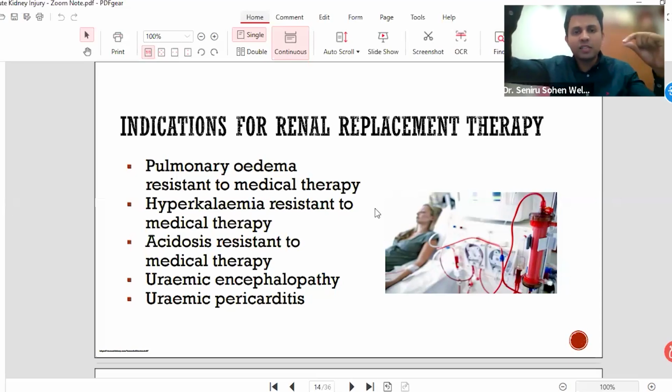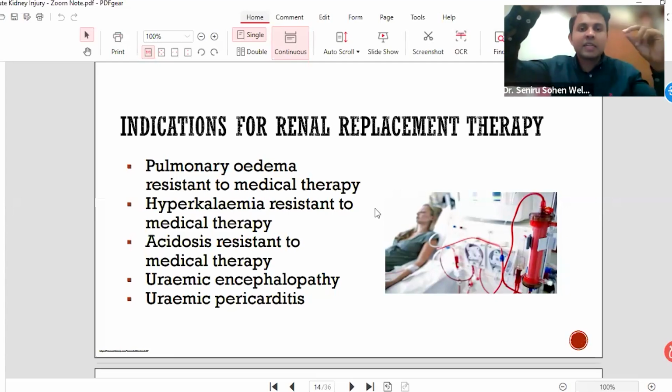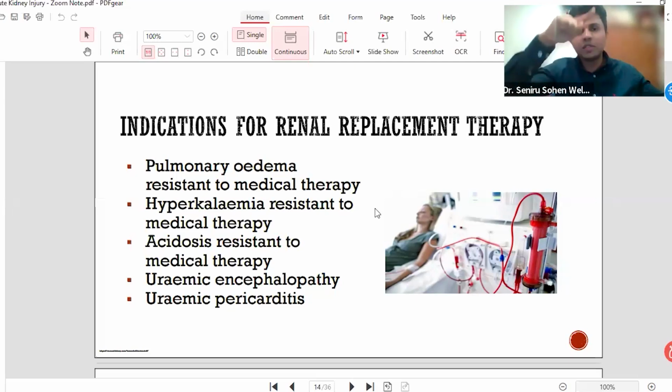Then you pull from this side, that is your PR interval, and the size of the P wave and the QRS complex would decrease, and then finally it would go like a QRS sine wave. So the PR interval will increase, increase, increase, then the P wave will get flattened, and finally the QRS will be like a sine wave, and finally the whole ECG will be flat and the patient will be dead.